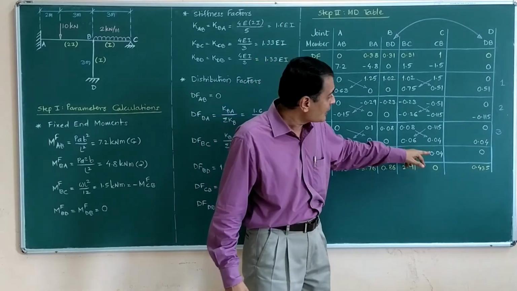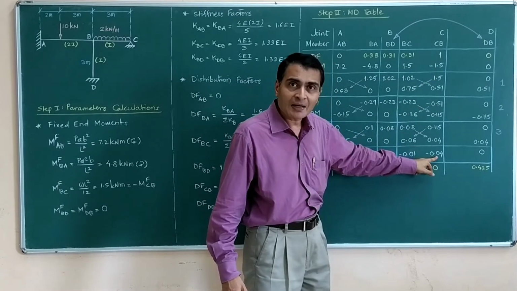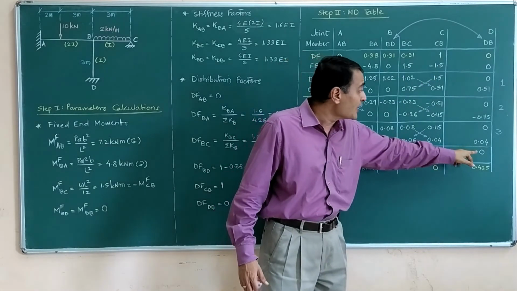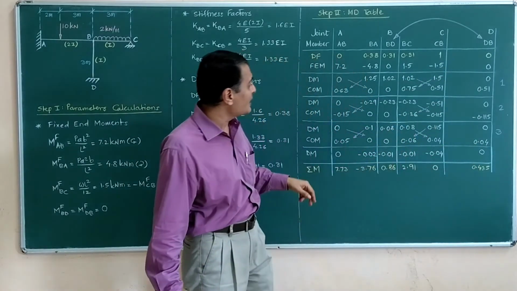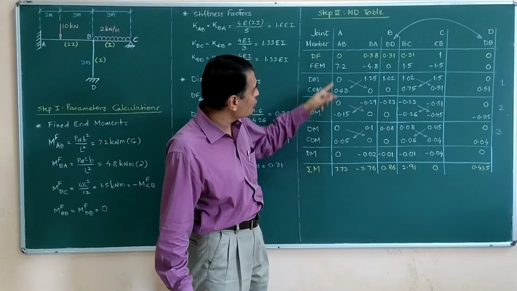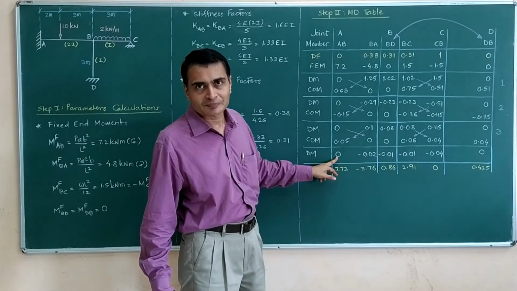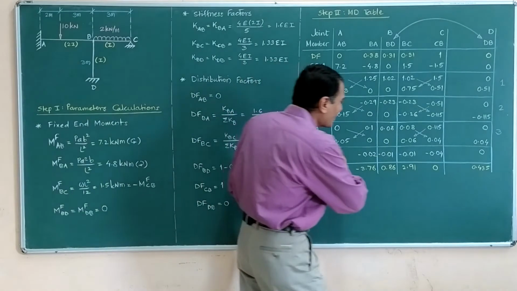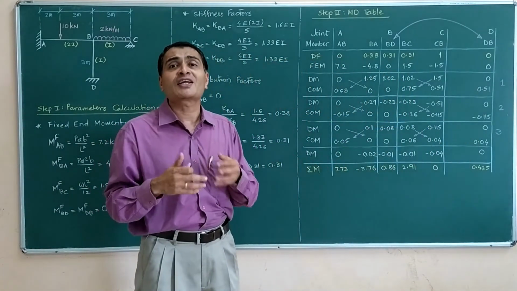Similarly, negative 0.04 into 1, negative 0.04 into 0, and negative 0.05 into 0, so 0, that again I am writing. Great. So I have again distributed the moments at the end of my 3rd iteration cycle.